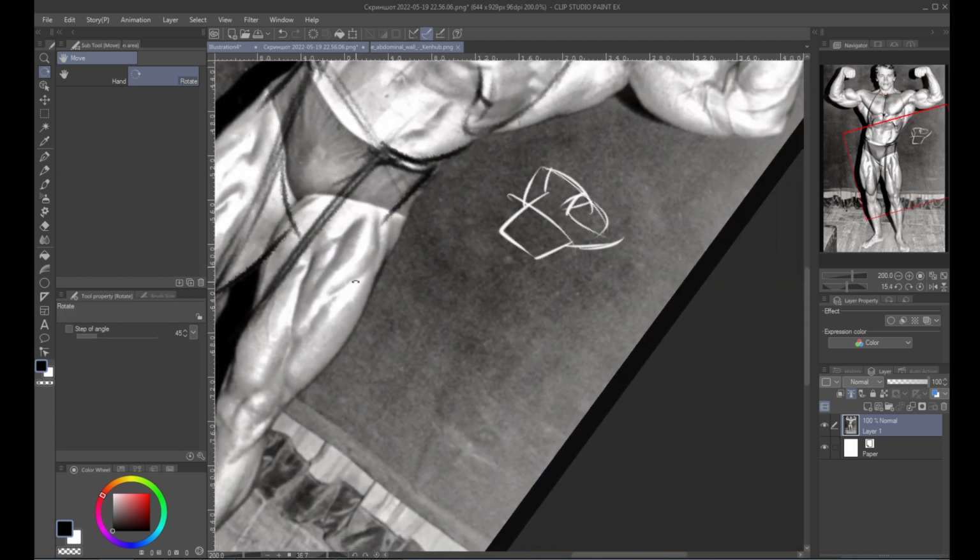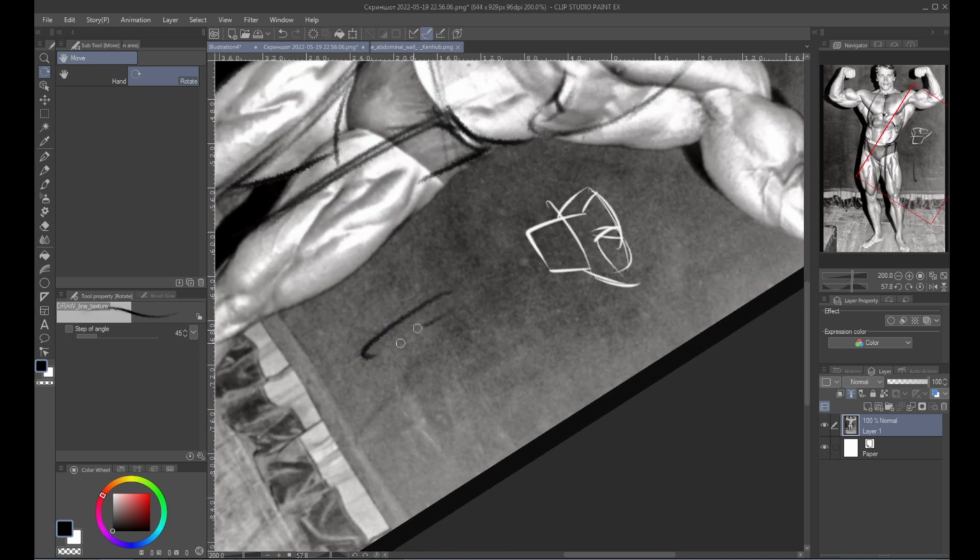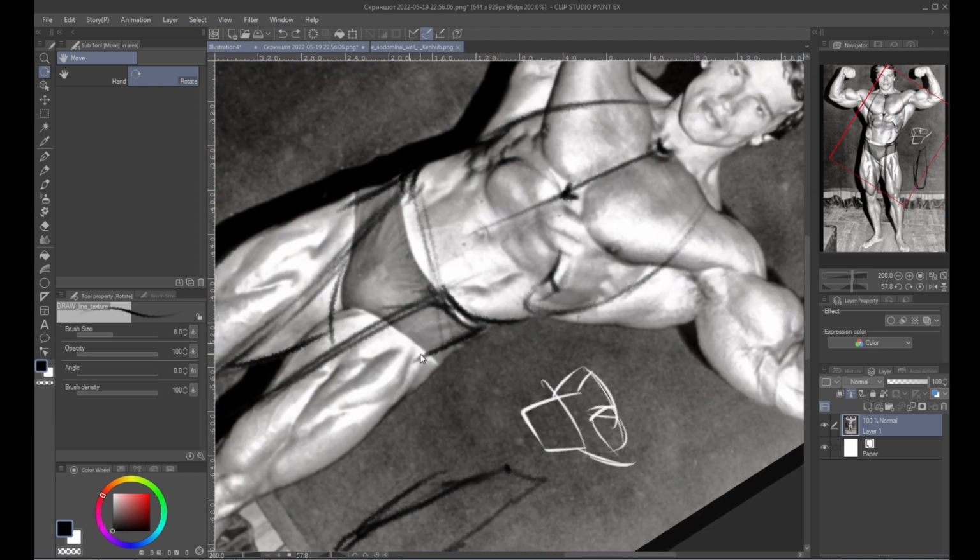So the general shape of the leg, which looks like this, right, is defined by the sartorius muscle, whose position we can infer by finding the pelvis.